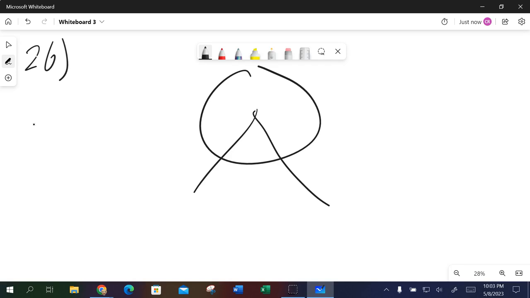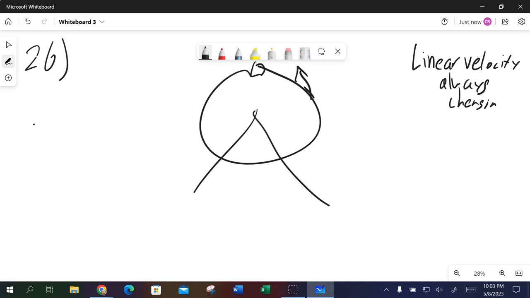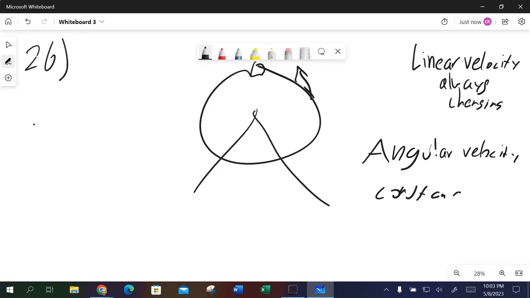So the linear velocity, as it's going around this, it's going to change since it's tangential. So the vector quantity is always going to be changing. So we know our linear velocity will be changing around the circle, always. Our angular velocity, however, will stay constant no matter what. So our answer, if we just look at the chart, is going to give us D.